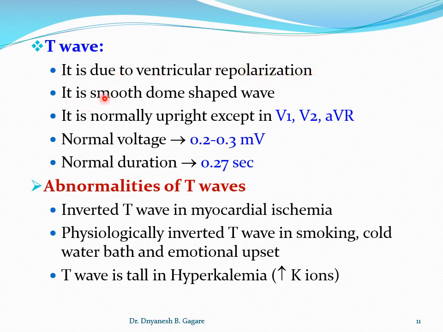This T wave is smooth and dome shaped, and it is normally a positive, upright wave, except in a few leads, that is lead V1, lead V2 and aVR, where the T wave is negative, but in other leads it is positive. The normal voltage is low, 0.2 to 0.3 millivolt, while the duration is about 0.27 second.